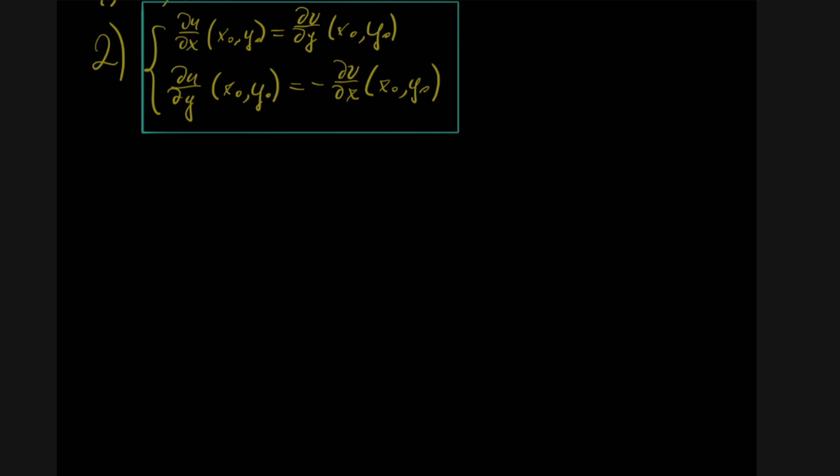Now let us prove this theorem. So, the proof. Let's first derive the Cauchy-Riemann equations from the differentiability of our function. So, we say that f is differentiable, and this fact implies that there exists a derivative.